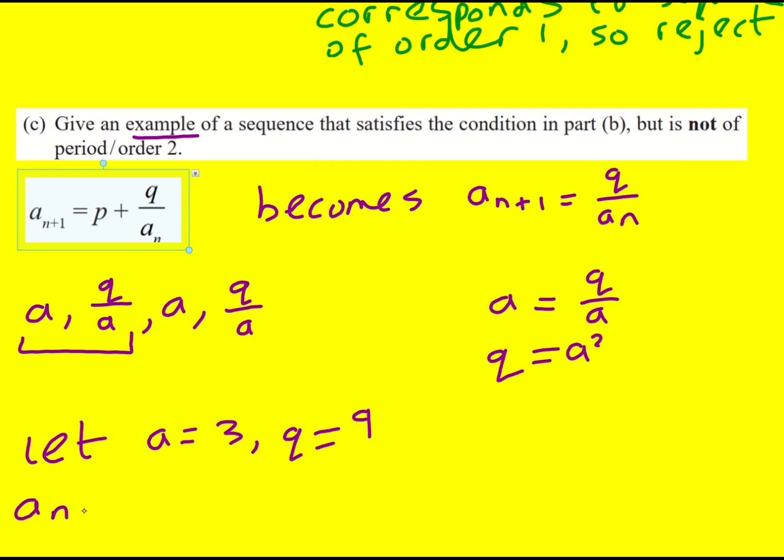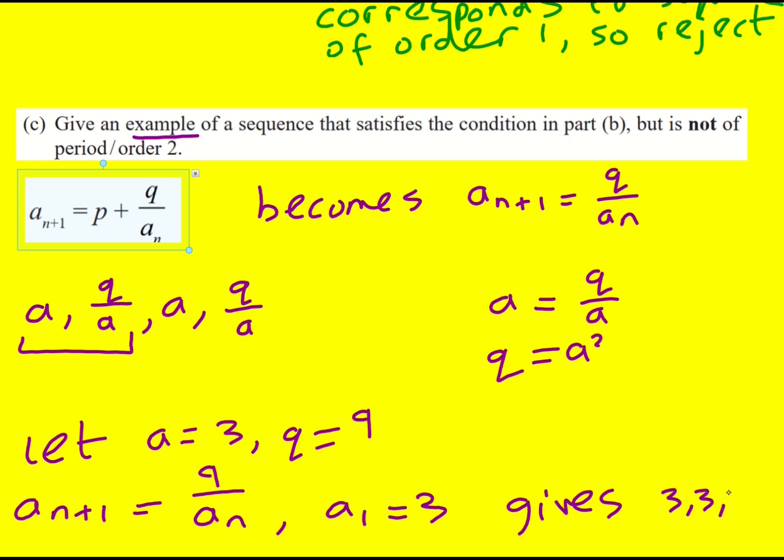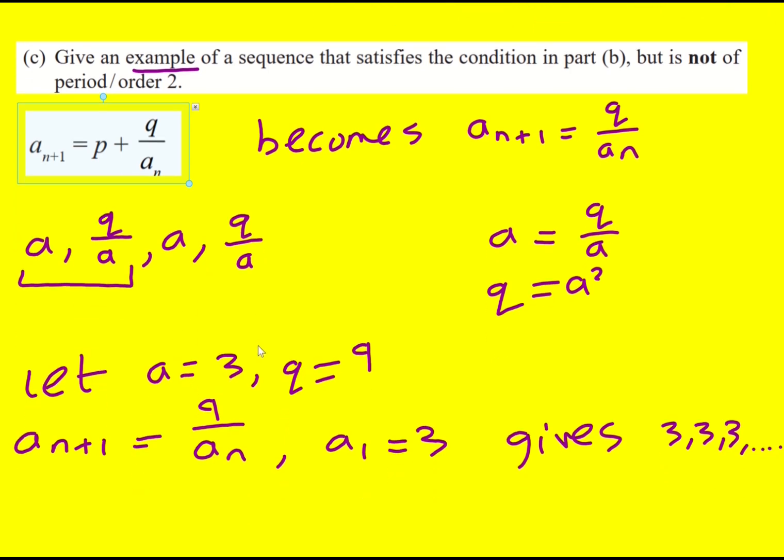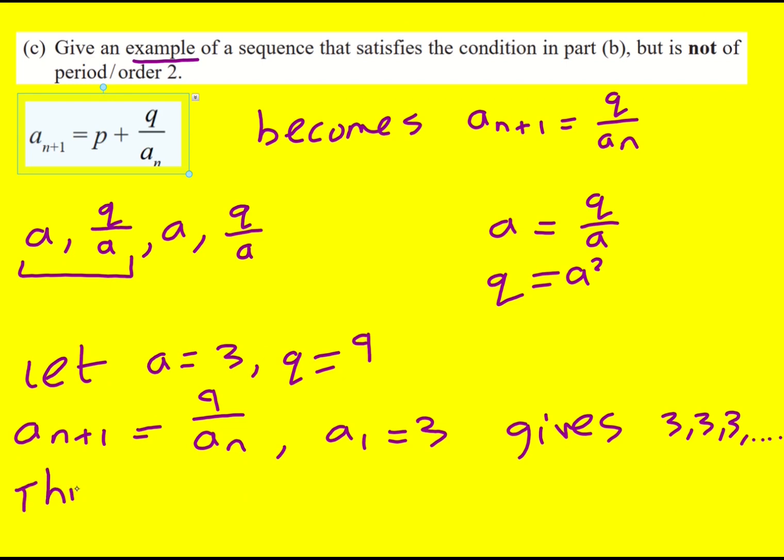So a_(n+1) here would equal 9 over a_n, with a_1 equal to 3, and this gives 3, 3, 3 as our answer. As long as q is the square of a, that's what I've shown in the question, then that would give you a solid example. This has order 1. Just going to conclude that.